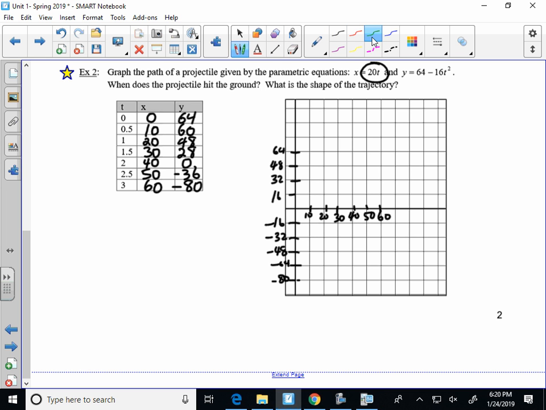All right, so 0, 64, 10, 60, ballparking it, 20, 48. 40, 0, because that's a 0. Fun fact.